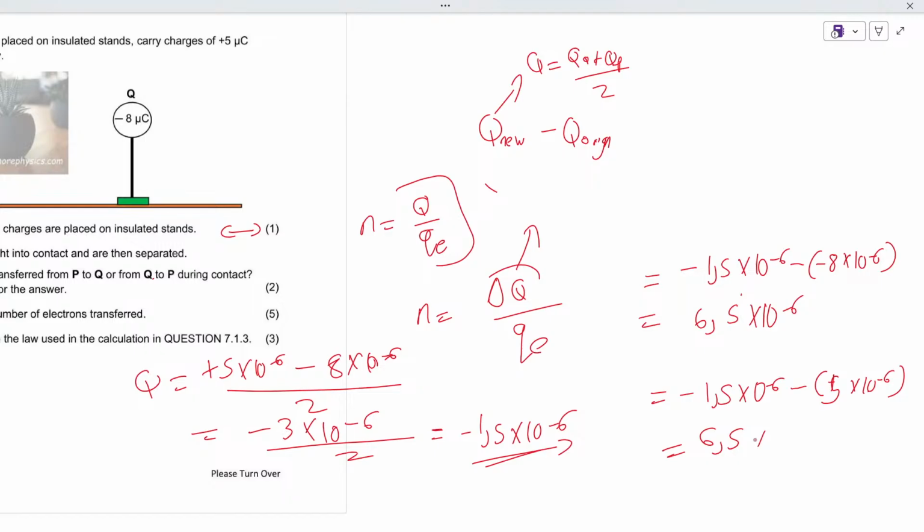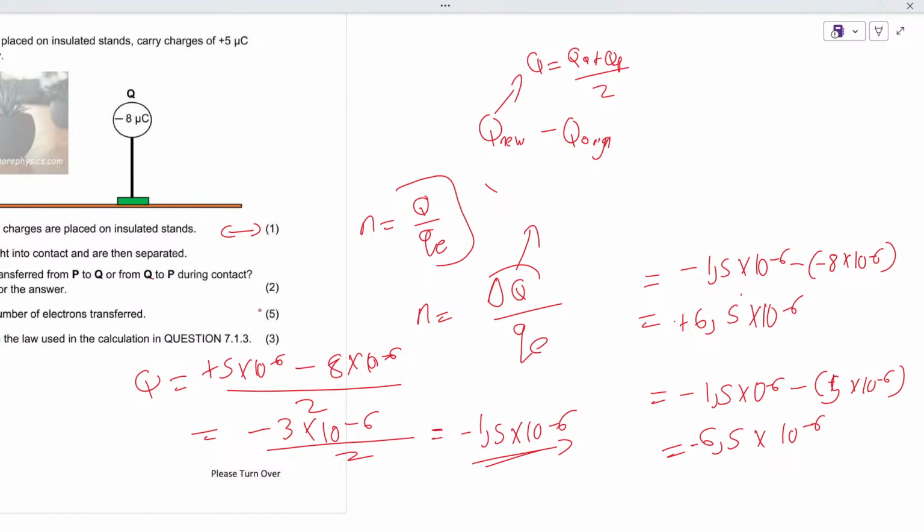So you see the change, of course, this one is negative, this one is positive. It's fine. It's the same value but with different signs.